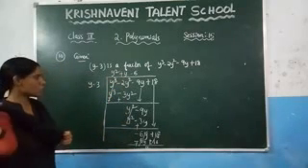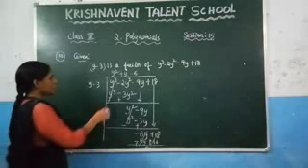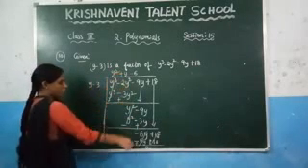Now here, based on the divisibility rule, what we can write is: dividend is equal to divisor into quotient plus remainder.